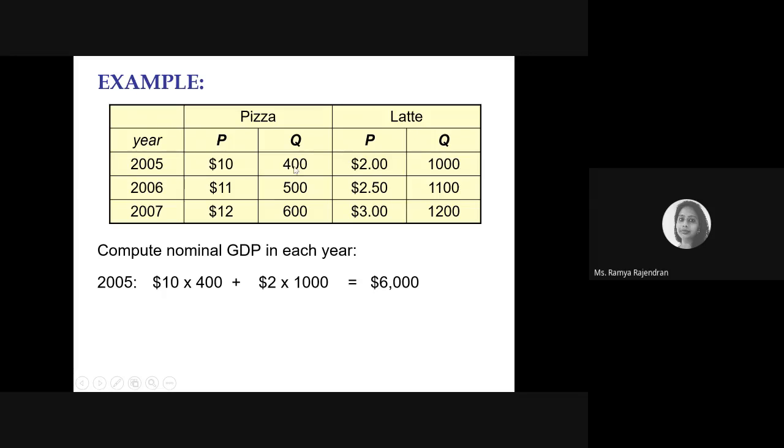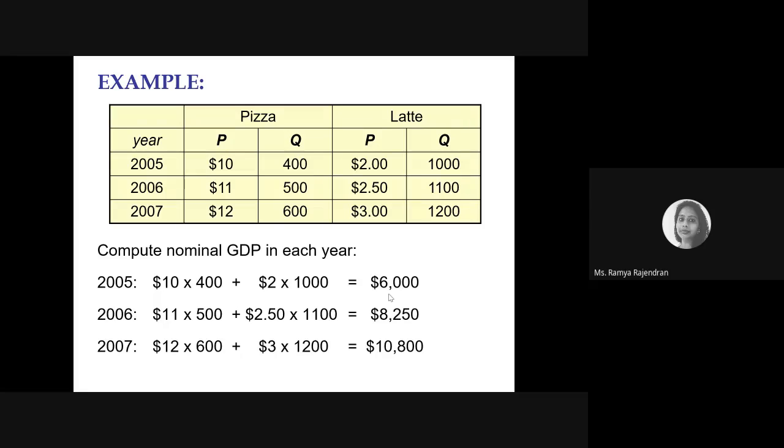We're computing the total value of pizza and latte and summing it up, so price times quantity of pizza plus price times quantity of latte. In 2005 it is $6,000, in 2006 it's $8,250, and in 2007 it's around $10,000.